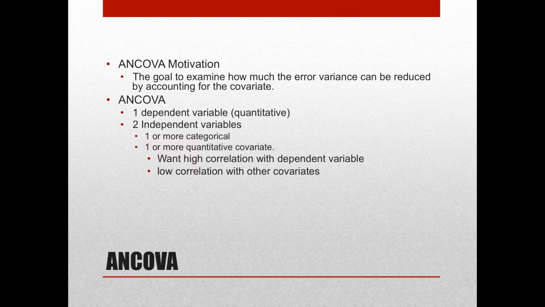But for right now, let's just say that we work with quantitative covariates. All right. So guys, at the bottom there, I tell you we want high correlation with the dependent variable. So we want our covariate to be highly correlated with our quantitative dependent variable. But we want a low correlation if we have other covariates in the model. Okay?